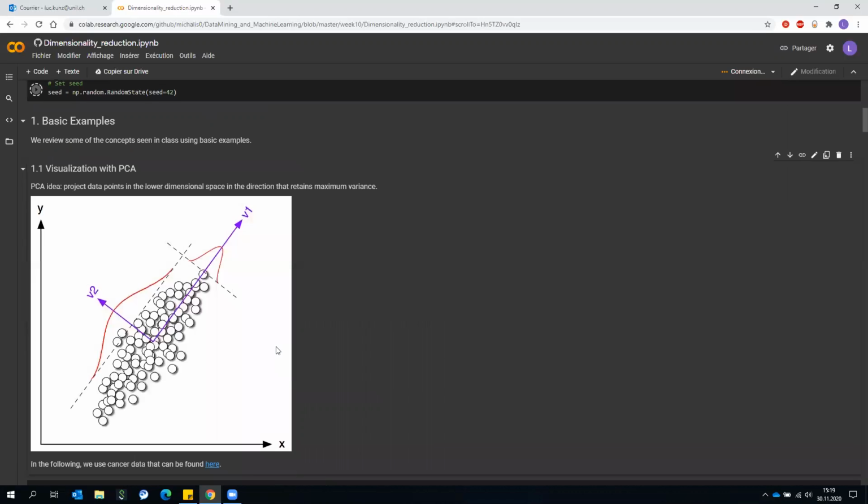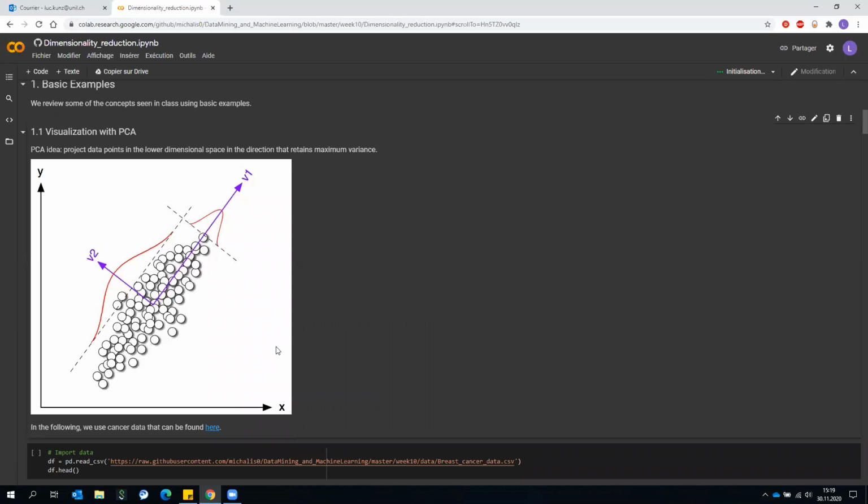The idea of PCA is to project all data points into a lower dimensional space, but in the direction that retains maximum variance. In this example, we have two dimensions, x and y, and we want to project the data in only one dimension. It is better to project each point on this line, because V2 is greater than V1. So we will keep a maximum variance in this case.